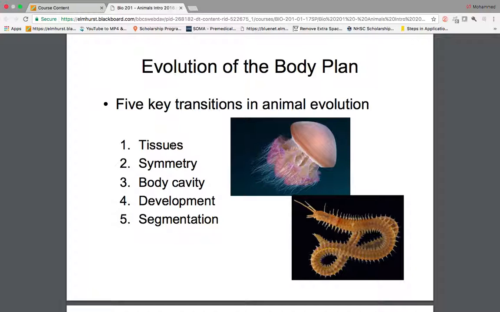Those are the development of tissues, alterations of symmetry, how the interior parts or interior cavities of the animal are structured, how they develop, and the serial repetition of body parts that allow for larger and larger organisms. That's called segmentation. So, let's talk about this.